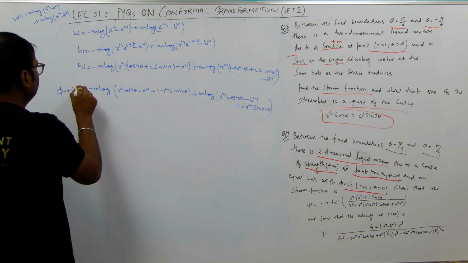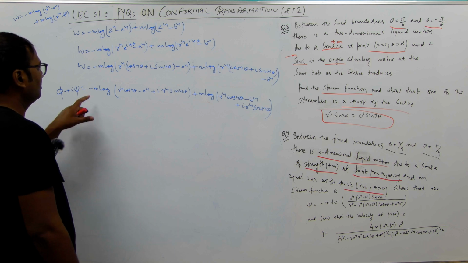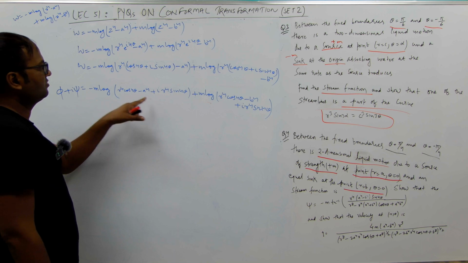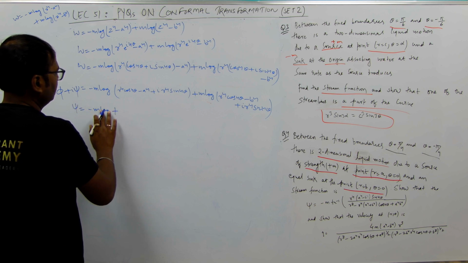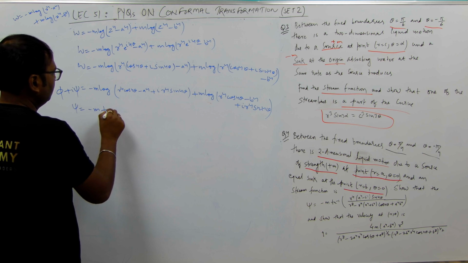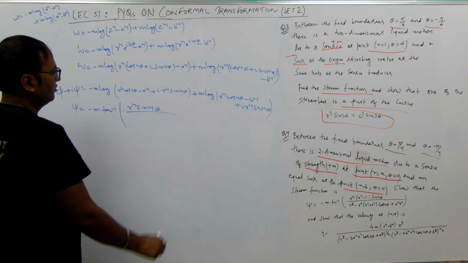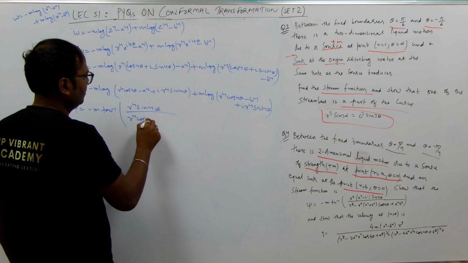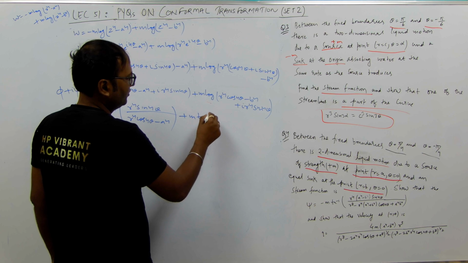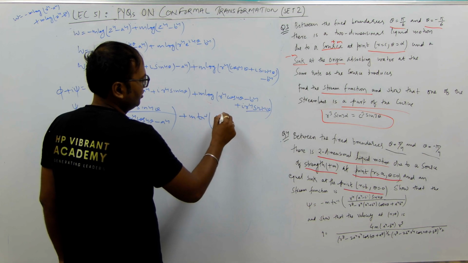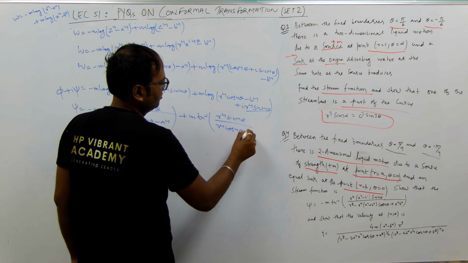So how we will find the stream function? By separating the real part and the imaginary part, we will get the stream function. And how do we get the stream function? Tan inverse of imaginary part upon real part. So psi is equal to minus m tan inverse of r4 sin 4 theta upon r4 cos 4 theta minus a4, plus m tan inverse of r4 sin 4 theta upon r4 cos 4 theta minus b4.